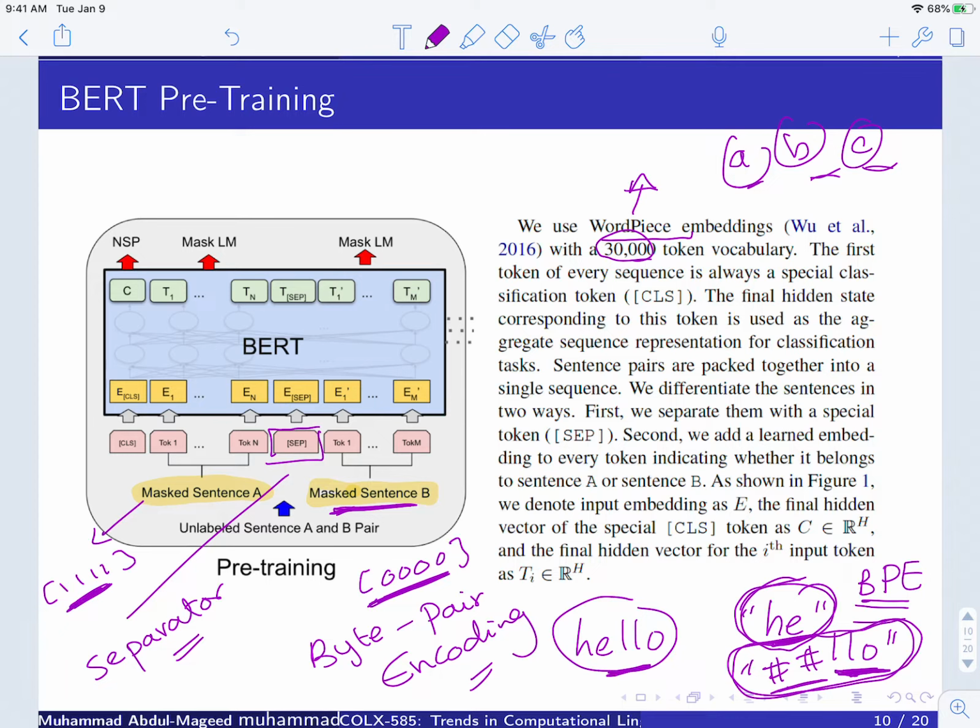So for each word, we will have an embedding, and then we will add the embedding vector for each word to this learnable segment embedding, and then when we learn, these values will change over time, and so the overall representation will change.